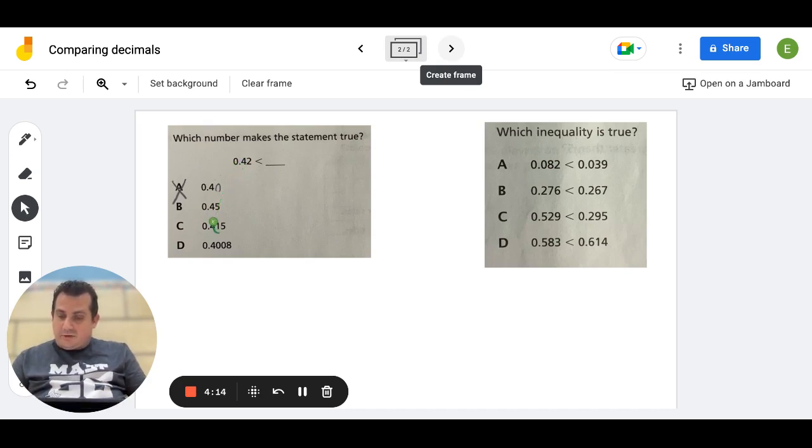Now I go to my hundredths. That has 1 hundredth. Ooh, that has 2 hundredths. So if I don't even look at my thousandths place, I know that this decimal is going to be less than 42 hundredths. So it's not A, it's not C.